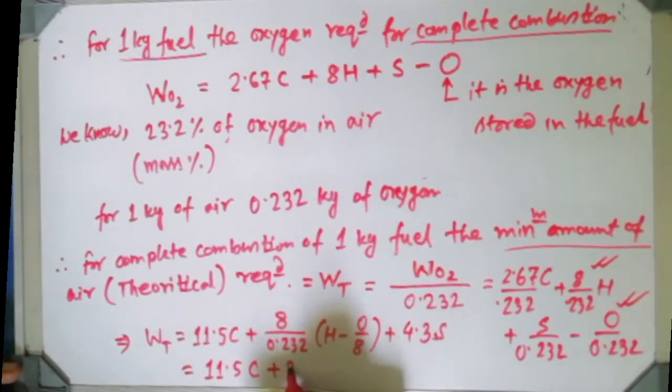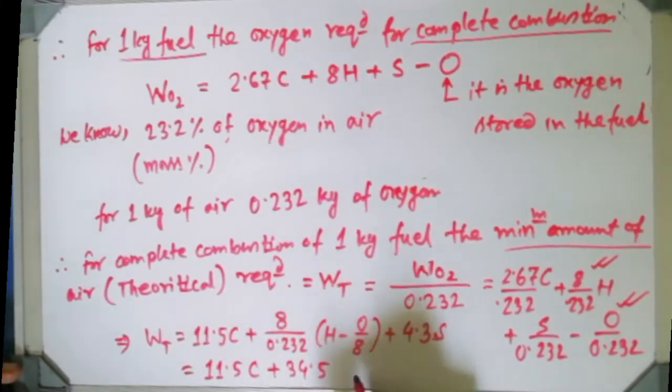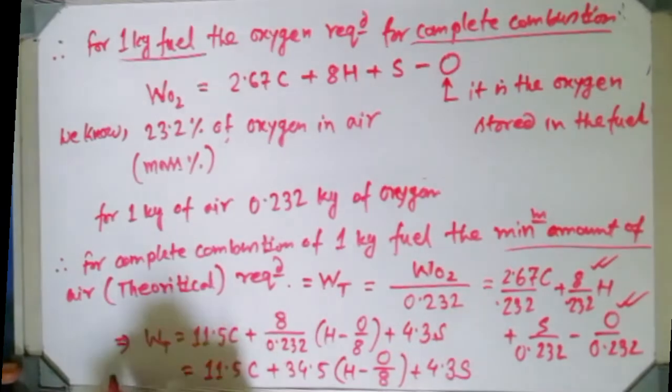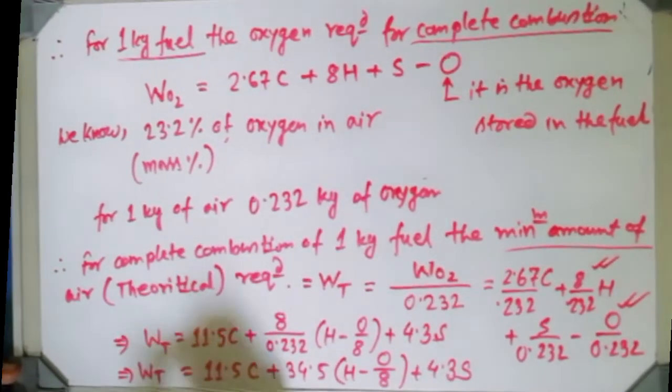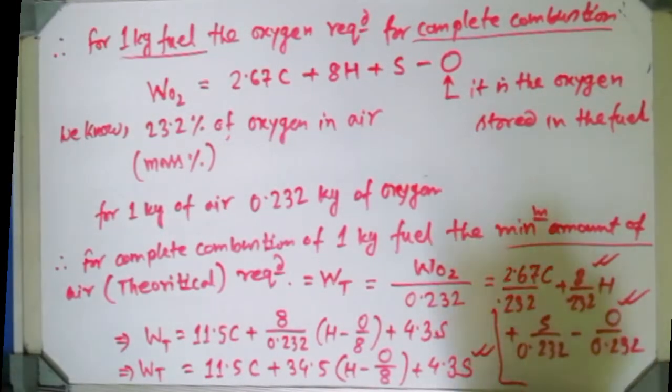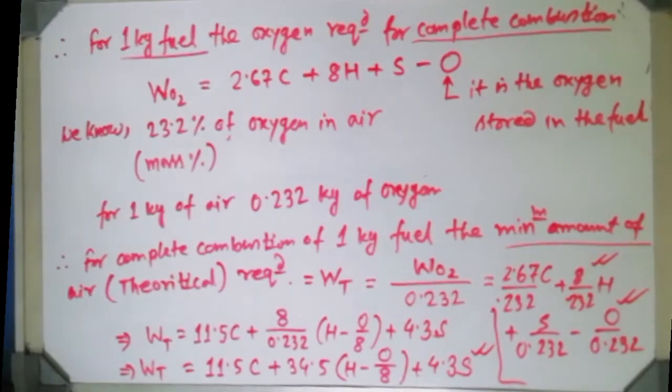That is the expression to find the theoretical or minimum amount of air we require for complete combustion of 1 kg of fuel. Now why am I writing the H minus O by 8 term in a single parenthesis?